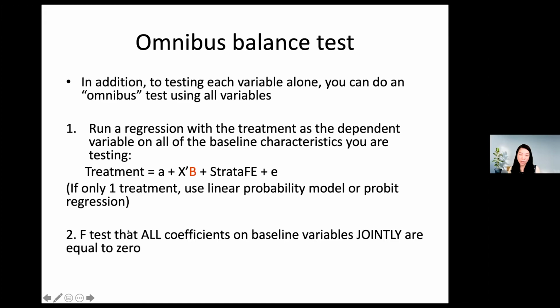After you run the regression, you do an F-test to check whether all the coefficients on the baseline variables are jointly equal to 0. So instead of doing it individually, we want to see that the baseline characteristics at the overall level are balanced.